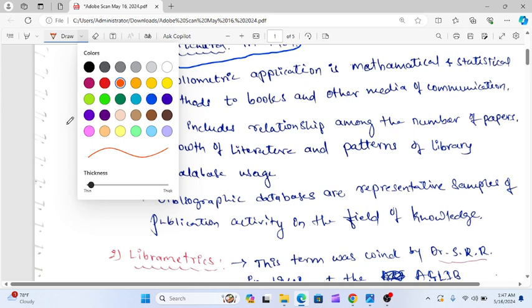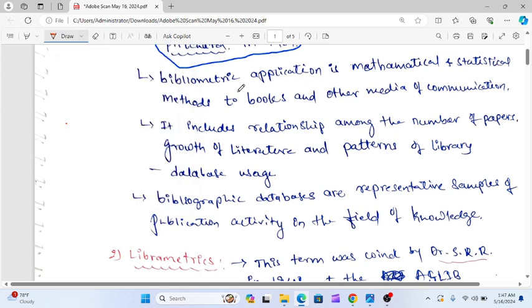Next, the application of bibliometrics: a mathematical and statistical method applied to books and other media of communication. It is a measurement tool that treats library documents in a mathematical and statistical way.